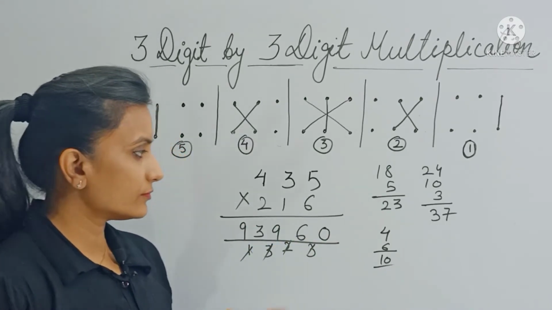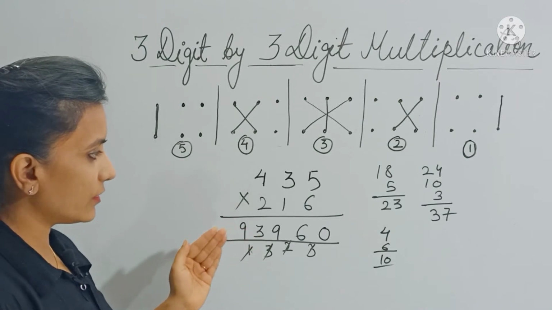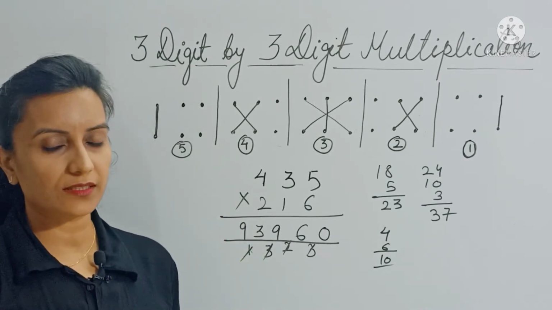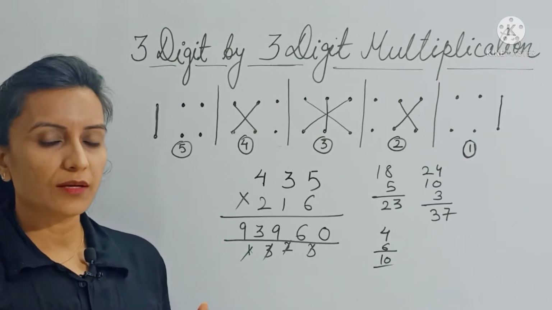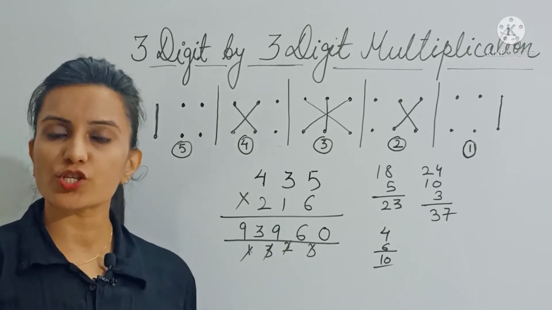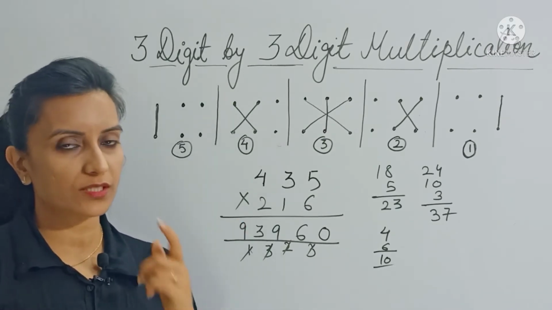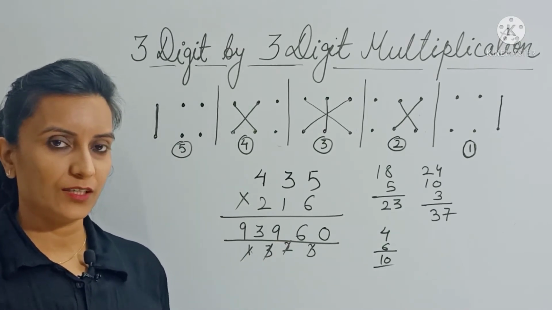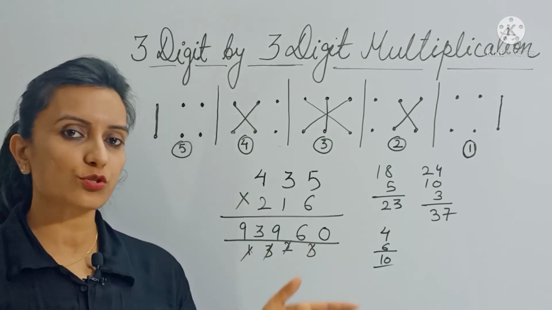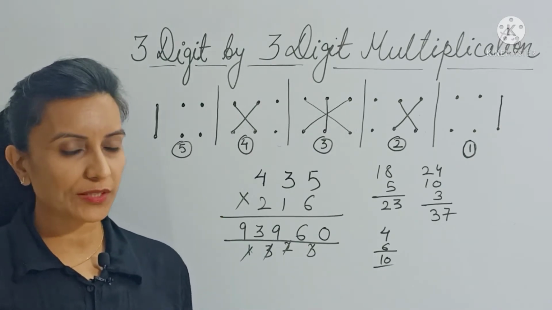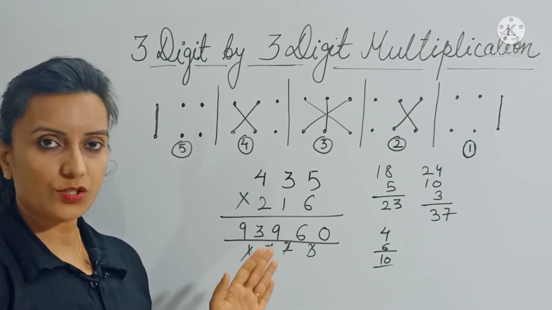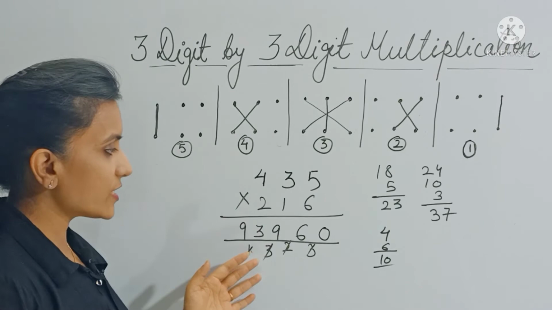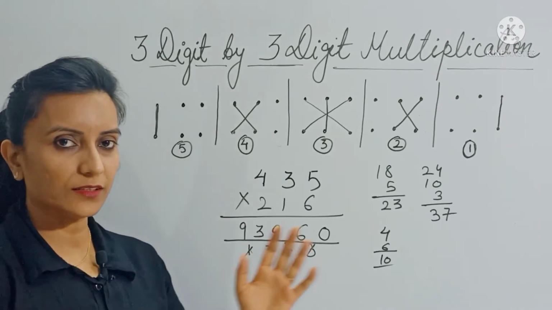Now you must be thinking that this method is a little complicated, but that's very normal, because tell me one thing, the conventional method, the normal method which you use in schools, from how many years are you using that method? From so many years, right? So you are used to that method. But trust me, if you practice, this trick is way faster than the normal method.